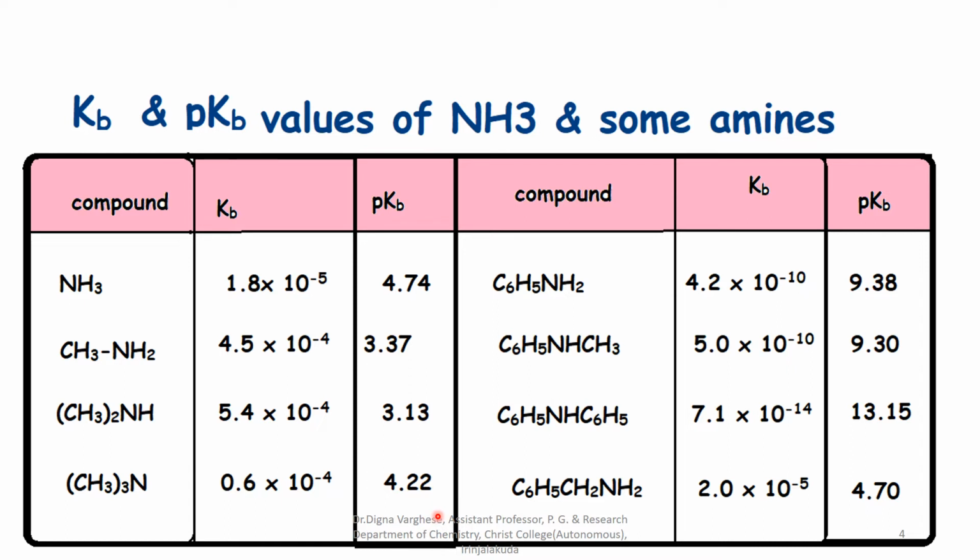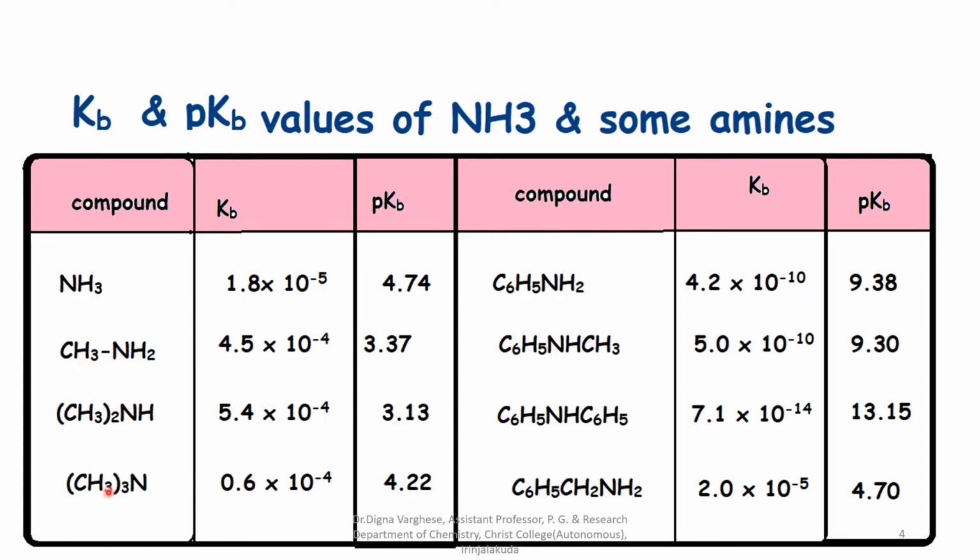Here you can see the aliphatic amines. All types of aliphatic amines are stronger bases than ammonia. Their Kb values are higher when compared to ammonia's Kb value, and we know the greater the Kb value, the greater the basicity of the amines.